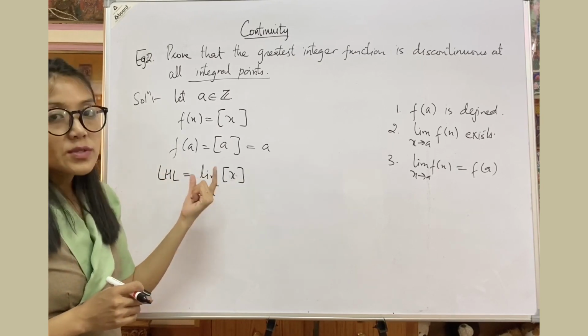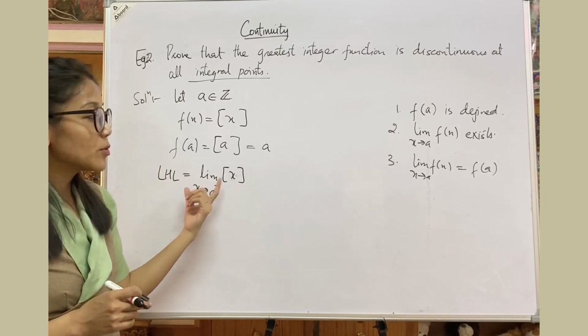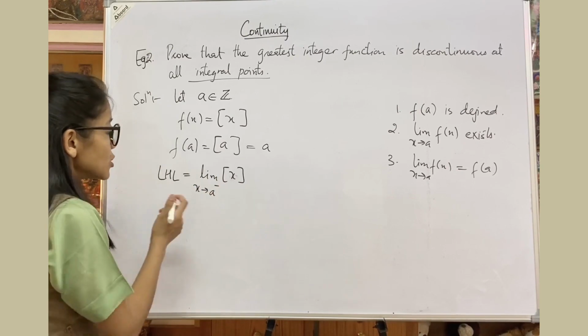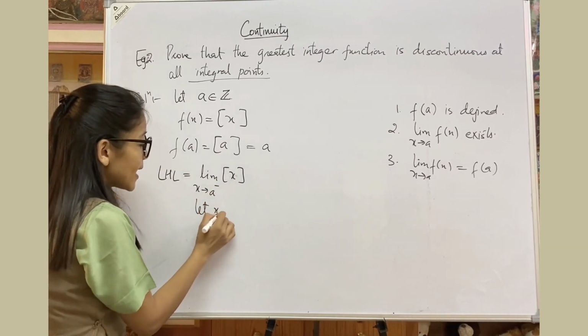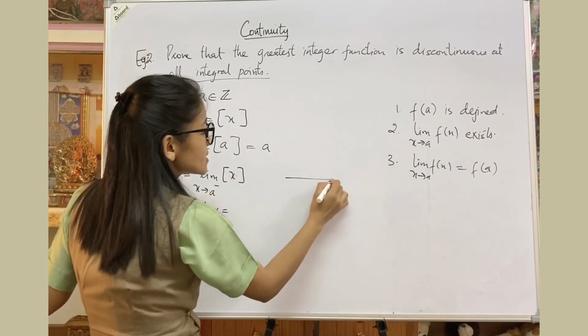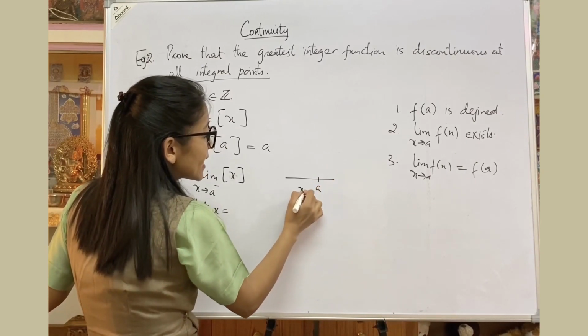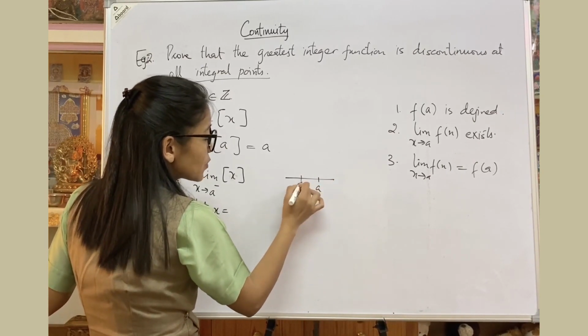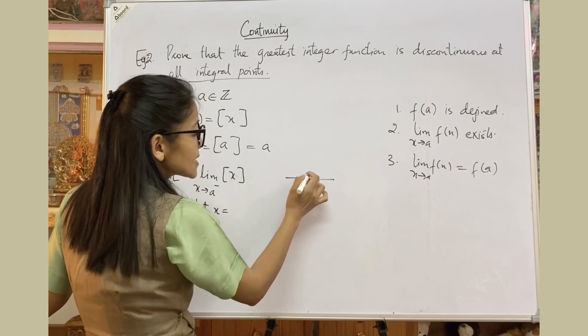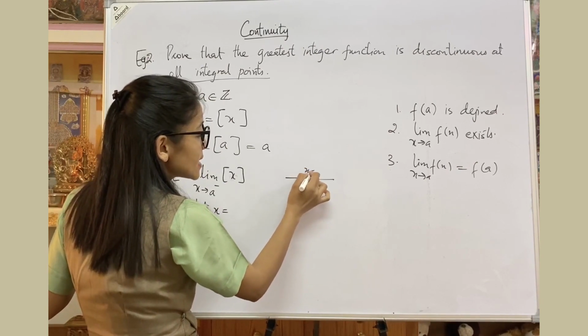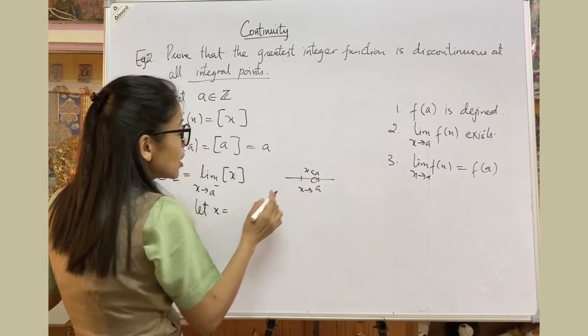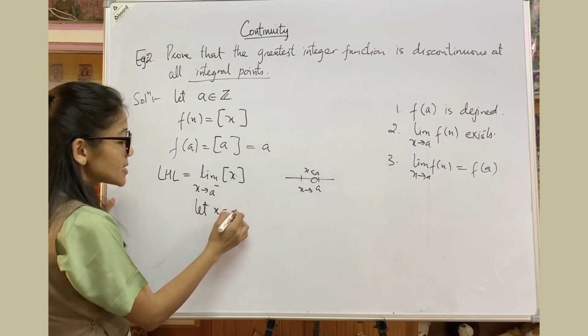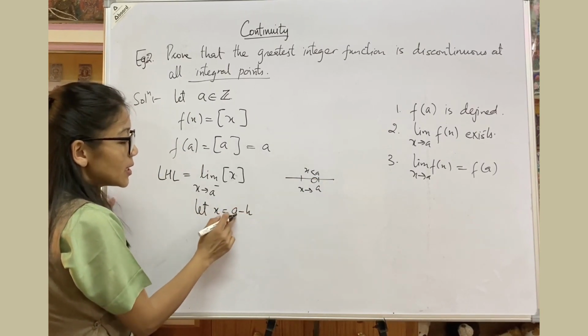Without using the substitution method we won't be able to solve it, so I will let x equal a minus h, since x is somewhere to the left of a, so x is always less than a.